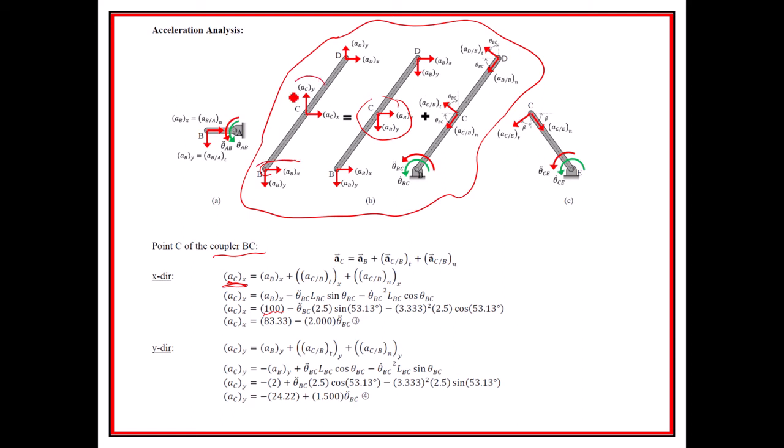Okay, so here's what we're looking at this point. We don't know that. We do know this right here, so that's the 100, and then we take the components of the normal and the tangential, but only in the x direction, right? So let me slow down here and put this together. This is the tangential x component right here.